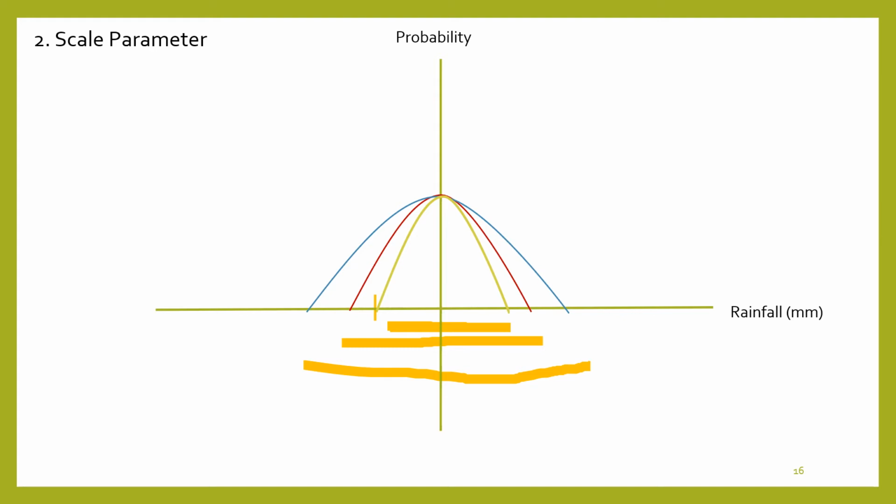We can see that the blue distribution model is farther. The minimum and maximum are much farther from the average. This shows, for example, a rainfall station which has a lot of variability in rainfall data. The difference between minimum and maximum is very big. The range is big. So that is the scale parameter.